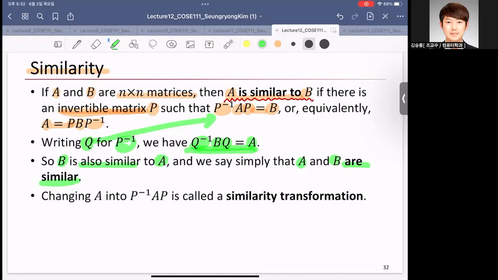In other words, changing matrix A into the similar matrix P inverse A P is called a similarity transformation. This is a very, very important concept which will be used in diagonalization, our another factorization.